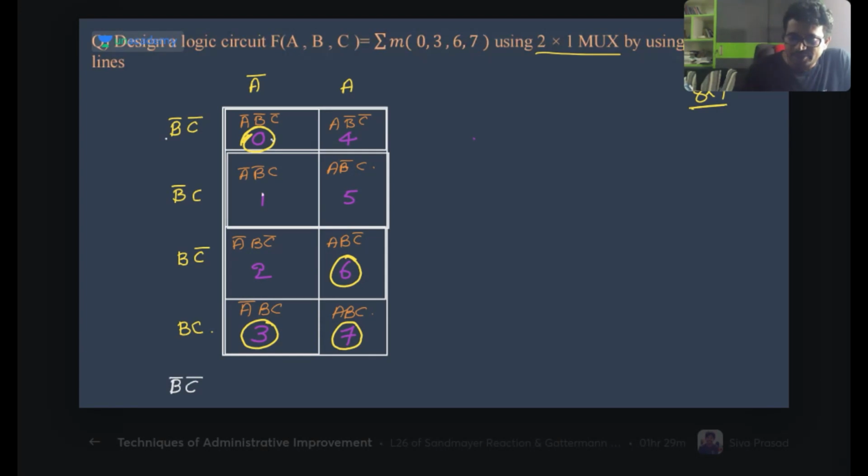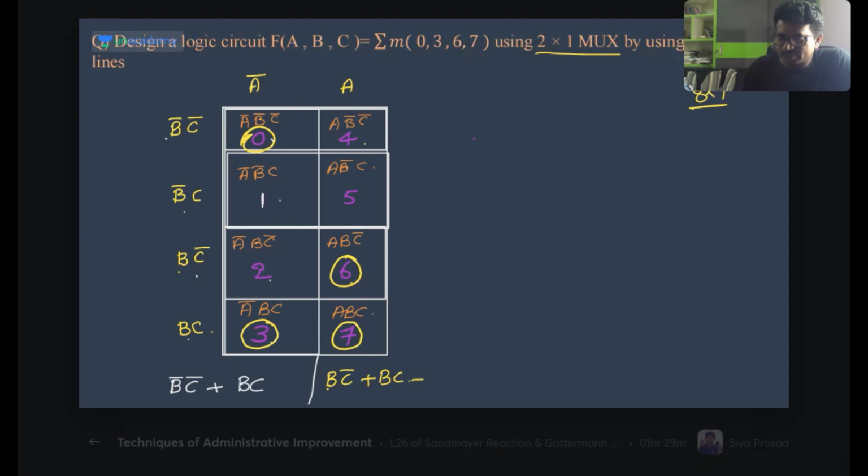Next, the max term means 0, this value is 0, this value also 0, plus 1 into this, that is BC. Next, these values are zeros, 1 into B C bar, plus BC.